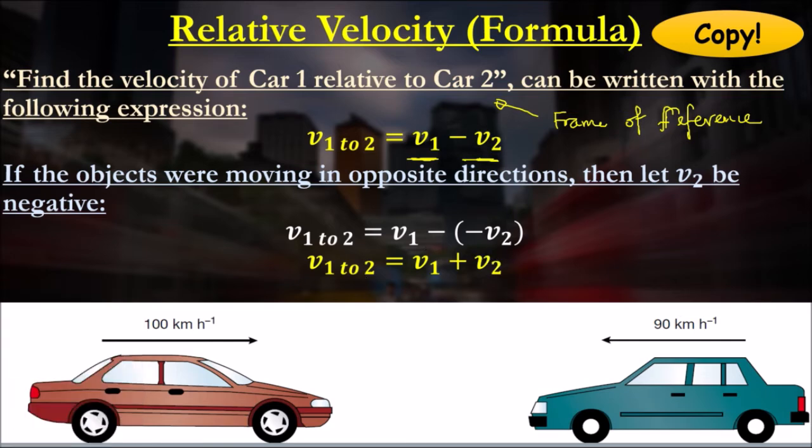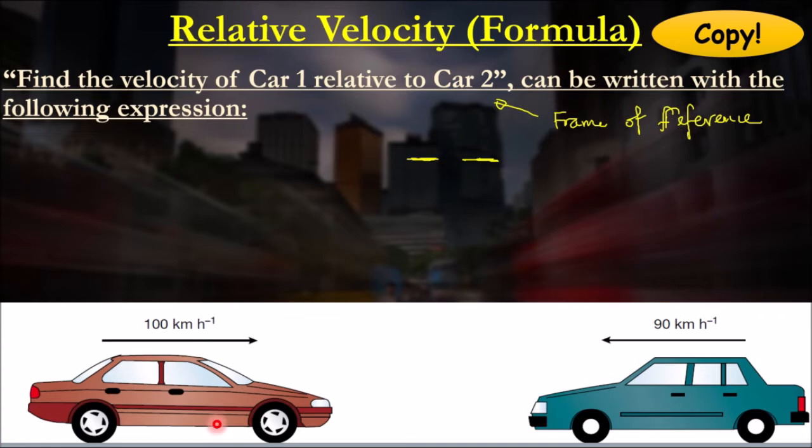So let's just quickly summarize what we have here. This equation is the general equation to describe the relative velocity of one object compared to another. If they were moving in the opposite direction, you essentially add the vector arrows together. So let's see how that works, because this is kind of what we did in the previous example here.